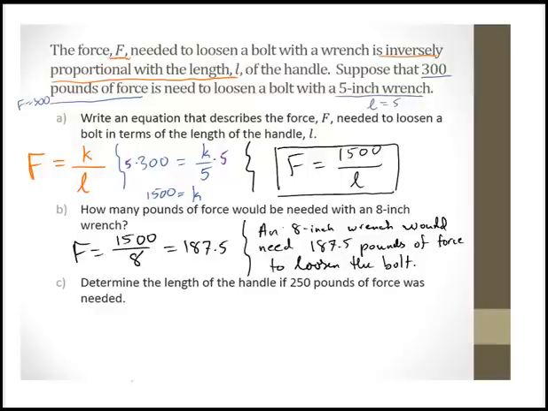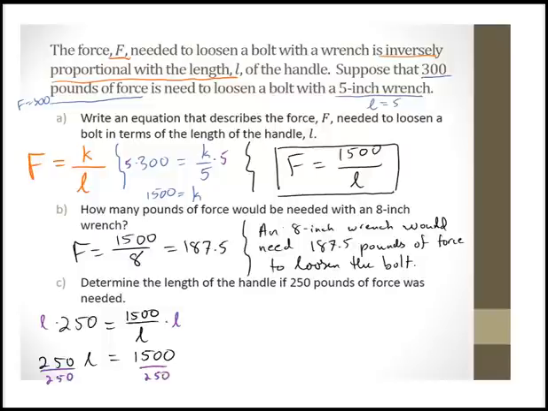So 250 would be 1,500 over L. I multiply through both sides by L, and that would give me 250L is equal to 1,500, and now I can divide both sides by 250, and I find then that L is 6.